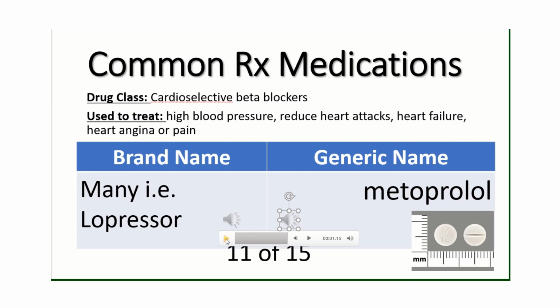Lopressor and metoprolol are cardioselective beta blockers. Lopressor and metoprolol are used to treat high blood pressure, reduce heart attacks, heart failure, and angina, or heart pain. Again, their names are Lopressor and metoprolol.